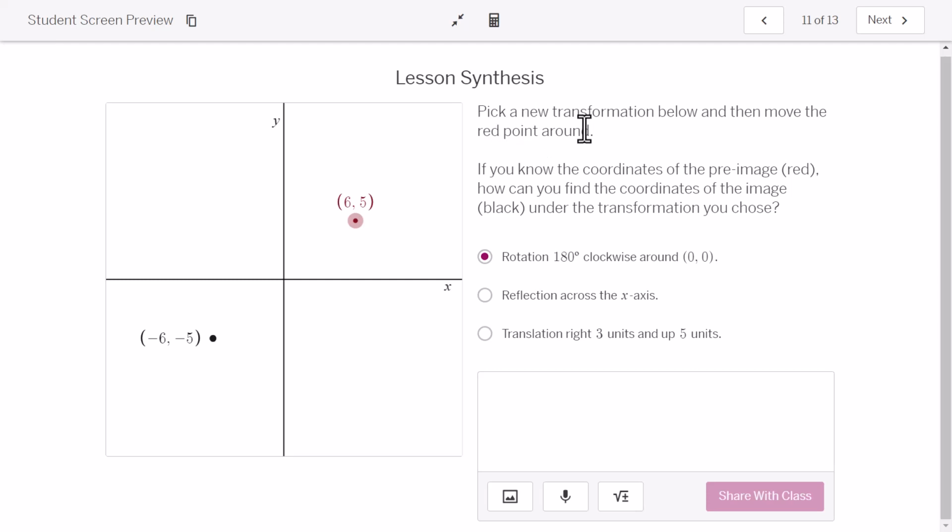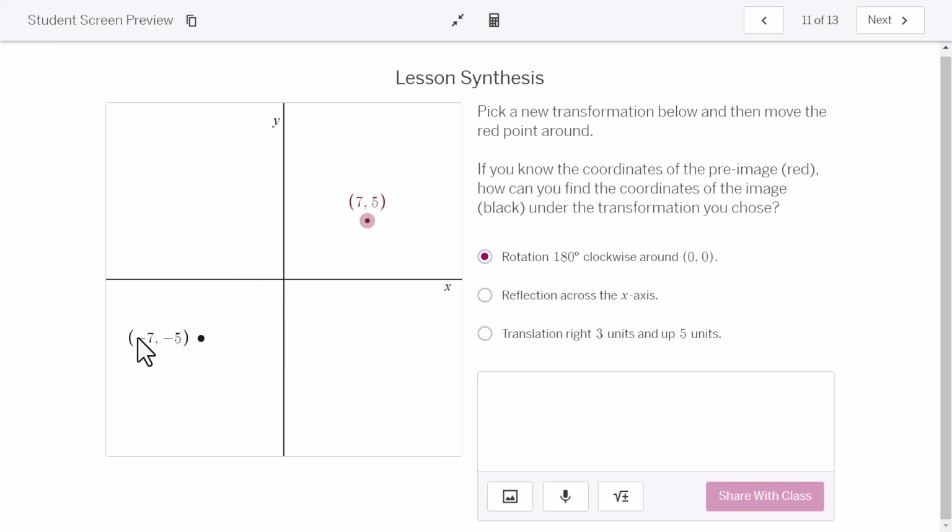So we're going to pick a new transformation and then move the red point around. And if I know the coordinates of the pre-image, I can find the coordinates of the black under the transformation that I chose. So let's do a rotation of 180 degrees where the center is 0, 0. So 180 degrees would be like going halfway around the clock. And as I'm looking at these two coordinates, I see that the numbers are exact opposites.